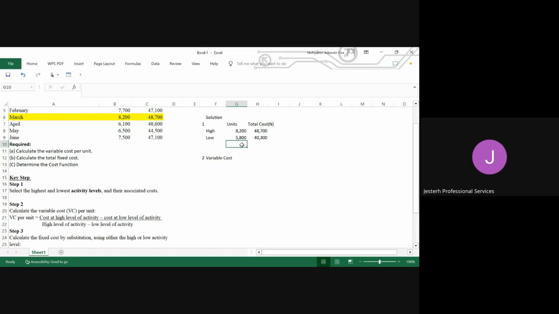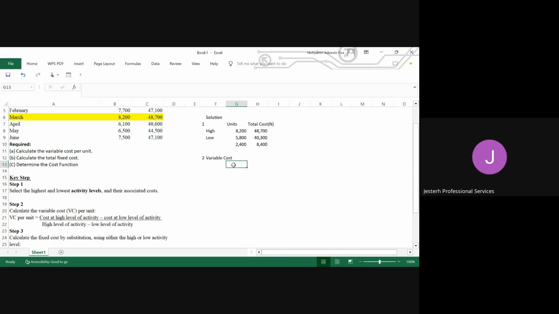So we say 8,200 minus 5,800, which gives us the difference between the high and the low. Then we say the cost associated with the high level minus the cost associated with the lower level, which gives us 8,400.